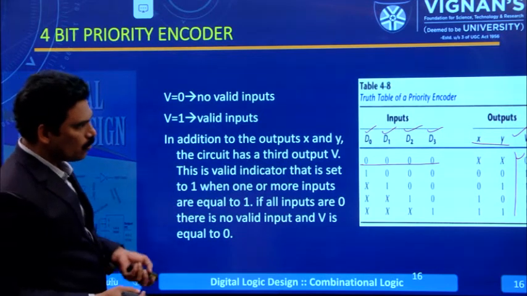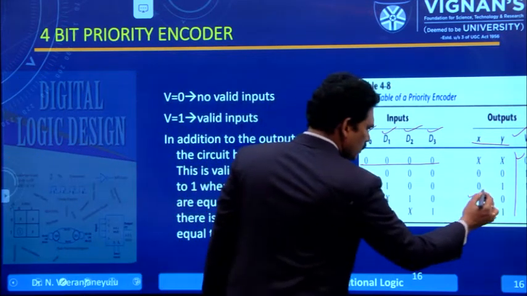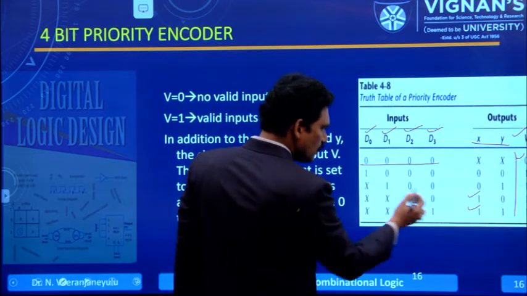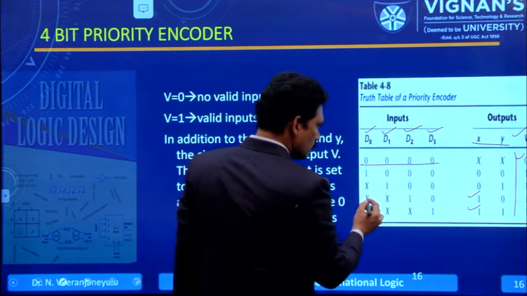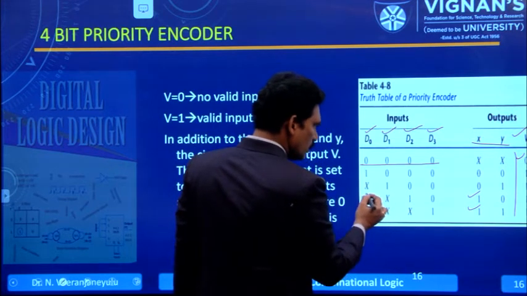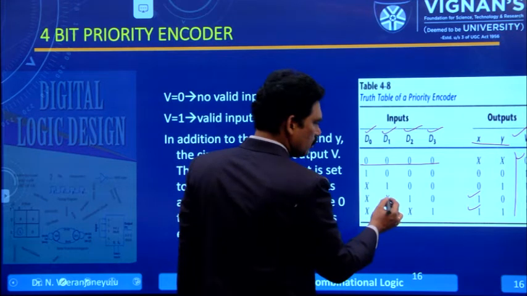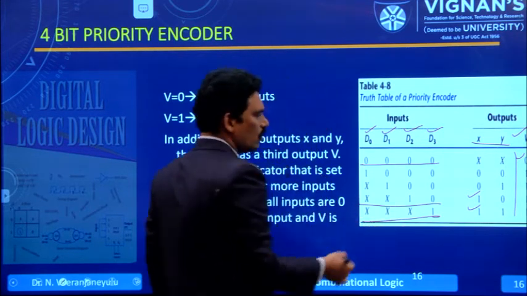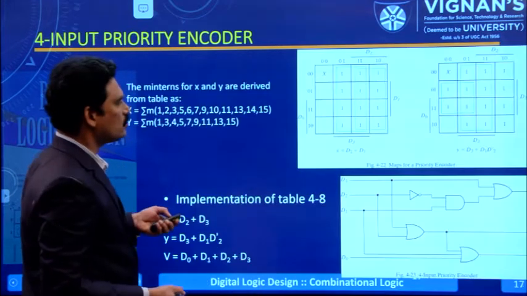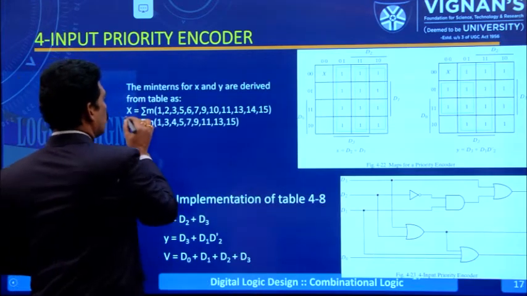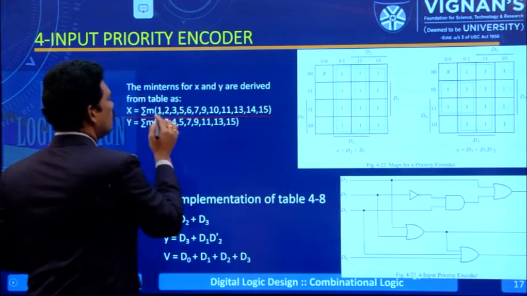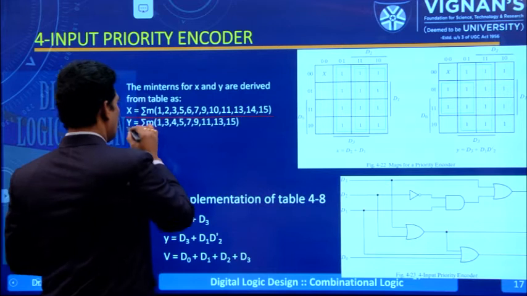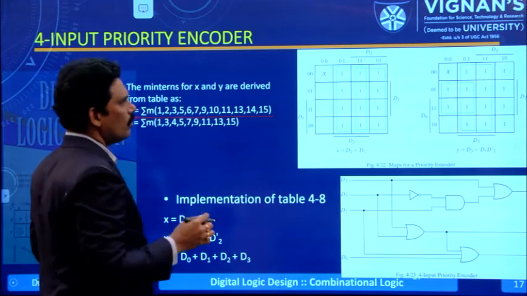There are more options. So, X is equal to sigma m 1, 2, 3, 5, 6, 7, 9, 10, 12, and next Y.